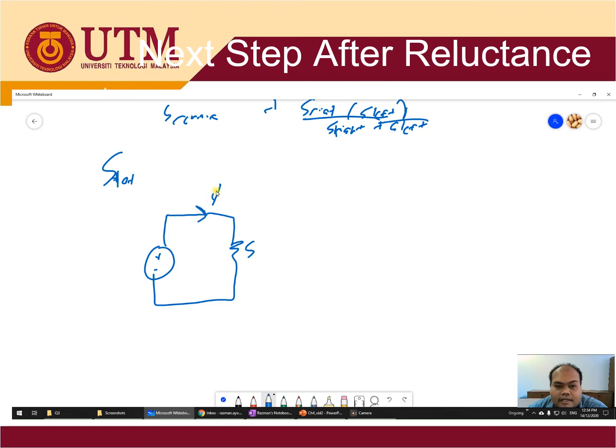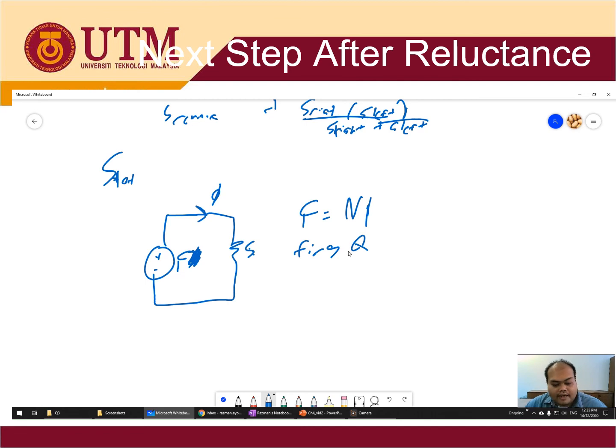This one is flux, this one is phi. So from this you can calculate everything. Remember F equals Ni. Sometimes they give I, you get F, you get S, then find the flux.